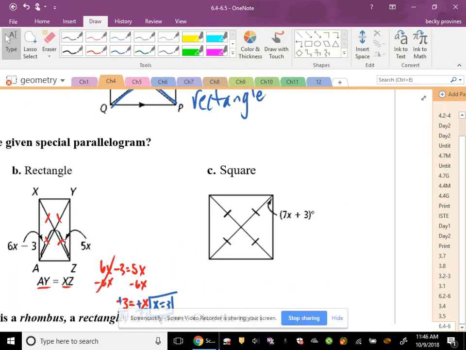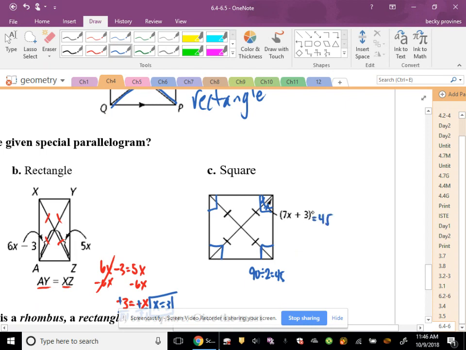Okay, when you have a square, remember these are all right angles, but it also has the qualities of a rhombus, so that means these angles are actually being cut in half. So what's half of 90? Half of 90 is 45. So this angle, 7x plus 3, is really equal to 45.